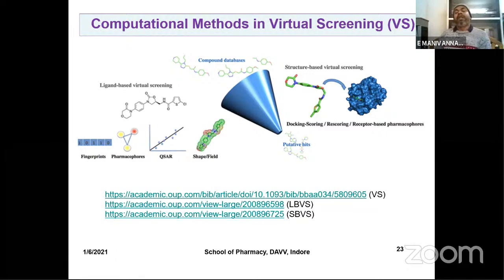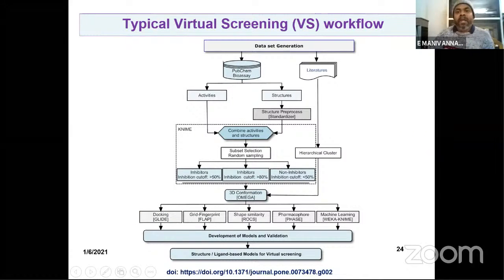In scenario 1, scenario 3 and scenario 4, in these 3 cases, you can use the structure-based virtual screening approach, that is docking, scoring, rescoring, or constructing pharmacophores based on the receptor site, target structure site, active site. Typical virtual screening workflow, this we'll see in the following slides.